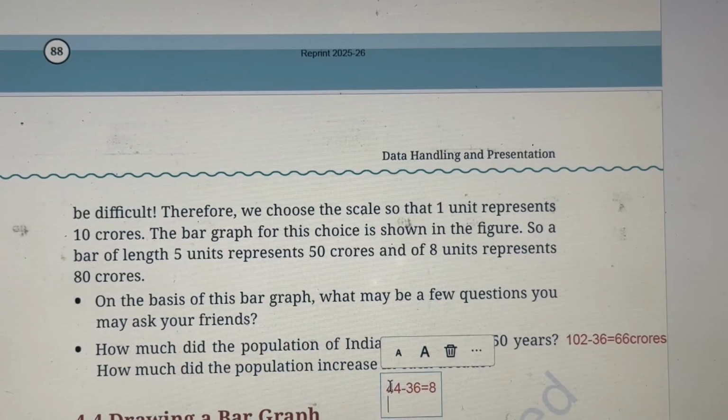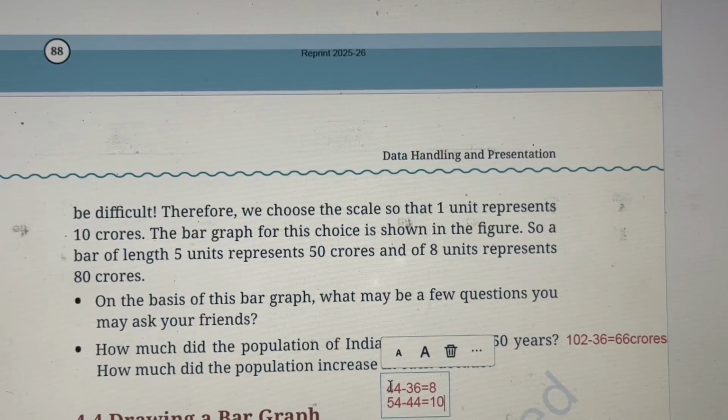Then you can show for all the decades, like I'll show you 2, 3: 54 minus 44, which is 10 crores, right? So likewise, you can find out for each decade. I am showing you 2, you can do it for others, right?